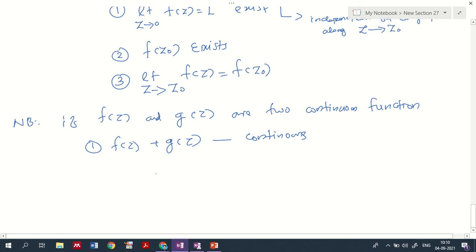And also f of z minus g of z will be continuous. And similarly, if you do the multiplication of g of z and f of z, it is also continuous.